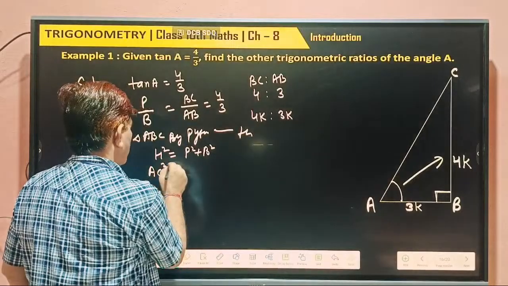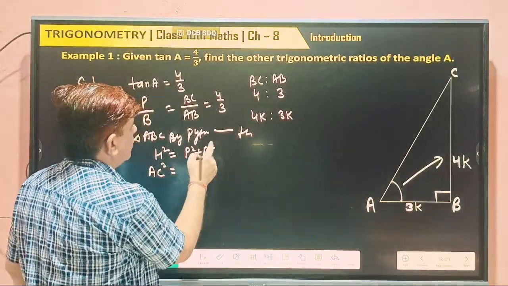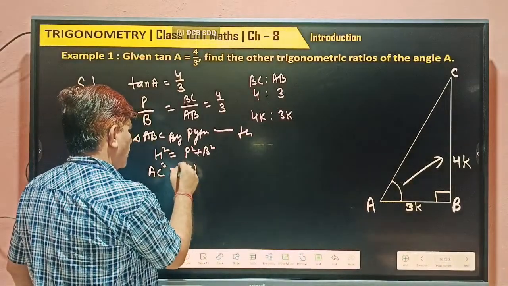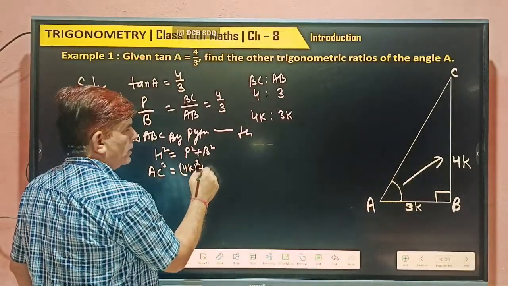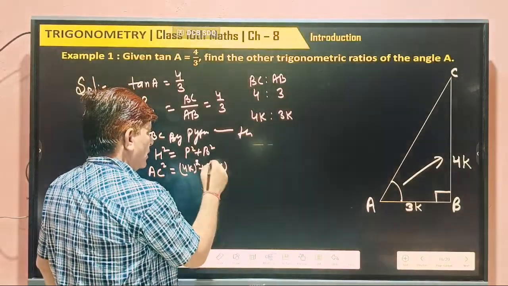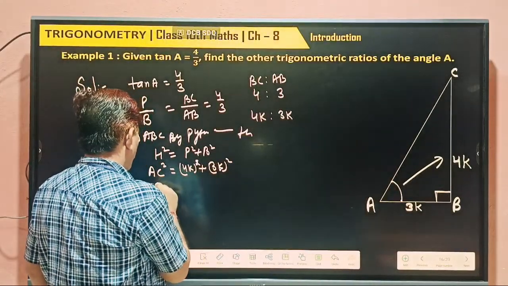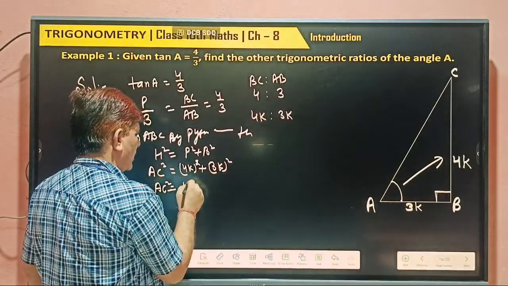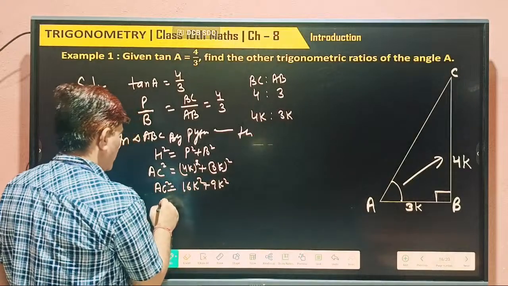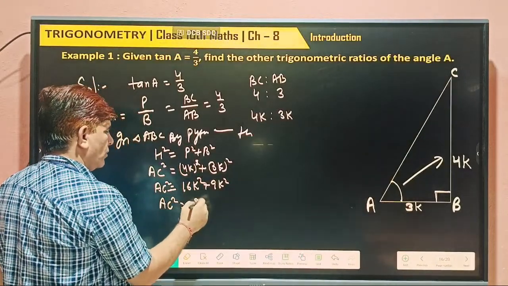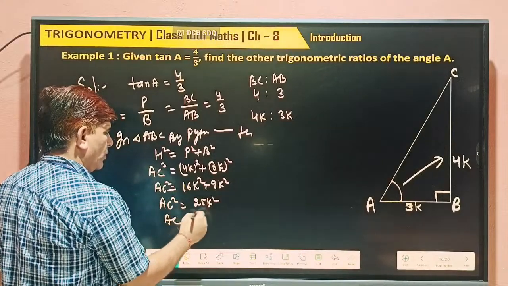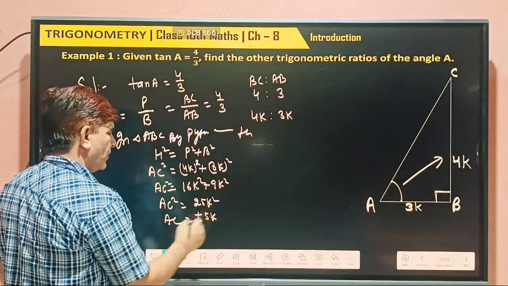AC square is equal to the perpendicular BC, 4K whole square, plus the base AB, 3K whole square. So AC square equals 16K square plus 9K square, which is 25K square. So AC equals plus or minus 5K.